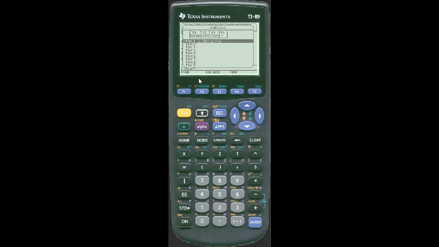Then let's press F2 to zoom, to copy plot one. That's okay. F1, we define the plot.